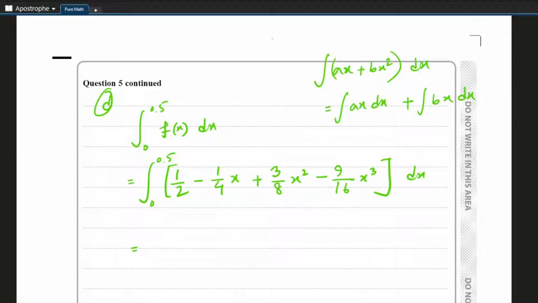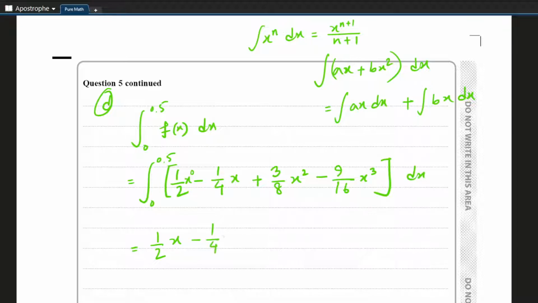Another thing we know is that the integration of x to the power n dx is equal to x to the power n plus 1 over n plus 1. And another piece of information: coefficients we do not integrate. So in here, half, this is x to the power 0, so x to the power 0 plus 1 over 0 plus 1, or directly we can write x.